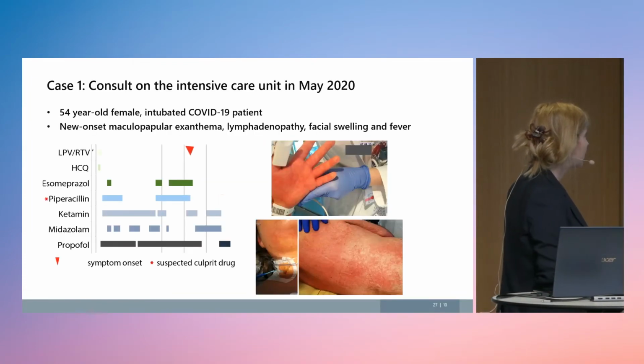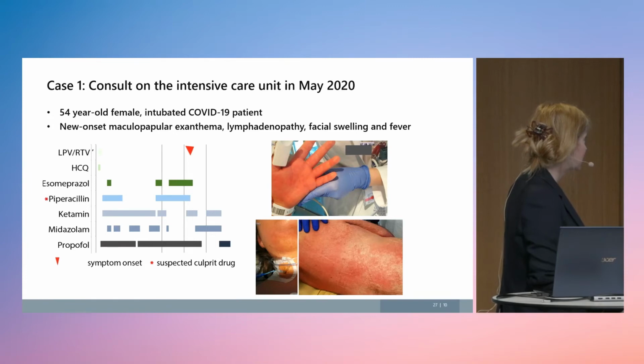So here we had one case, for instance, on the intensive care unit in May, quite at the beginning of the pandemic, a 54-year-old woman. She was already on the ICU for quite a while, treated for severe COVID-19, and she developed maculopapular exanthema, lymphadenopathy, facial swelling, and fever.